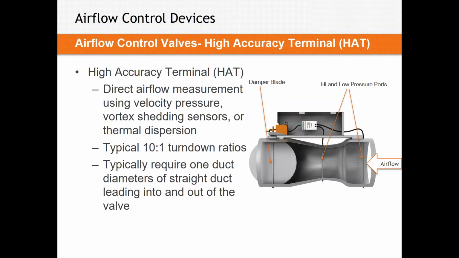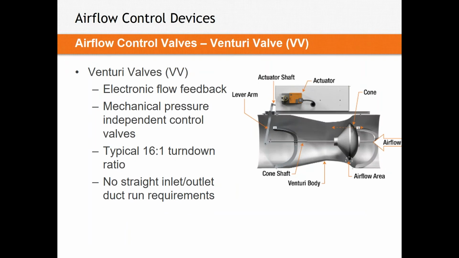So those two devices, as I mentioned, are fundamentally the same. But I'm going to draw a line in the sand as I move to the next device here, and that's the Venturi valve, the VV. The Venturi valve looks identical to a high accuracy terminal. Here at Amtech, just for reference, the part number of that spun aluminum body you see is literally the exact same.